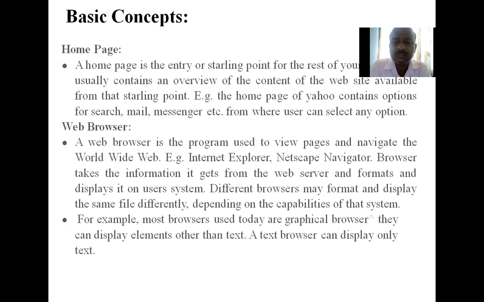Different browsers may format and display the same file differently depending on the capabilities of the system. For example, most browsers used today are graphical browsers. They can display elements other than text, and a text browser can display only text.